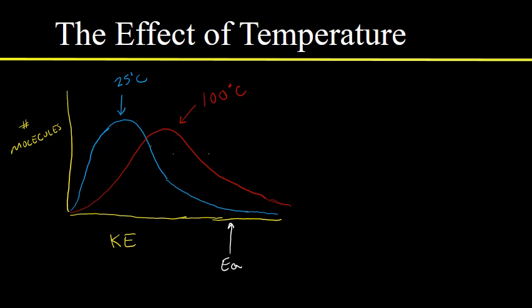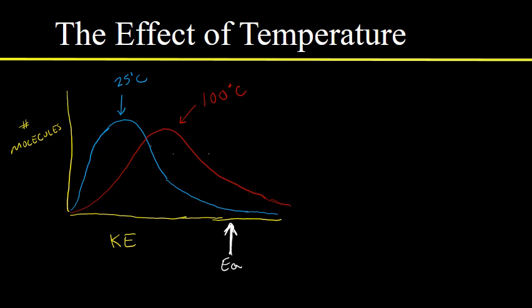So if the activation energy is here, this represents the minimum energy that a molecule can have and still have sufficient energy to get to that high energy transition state.